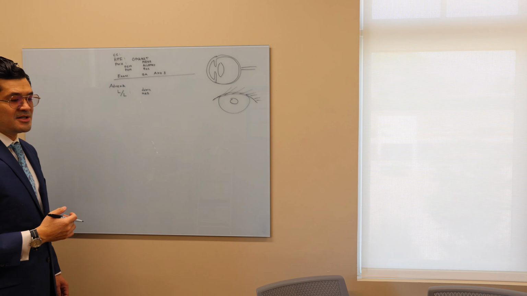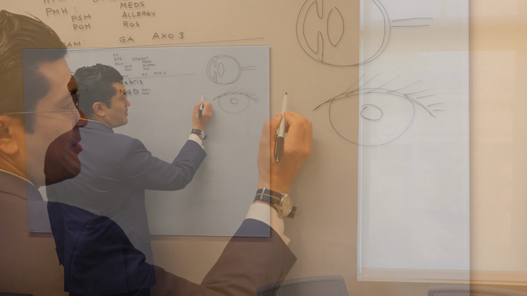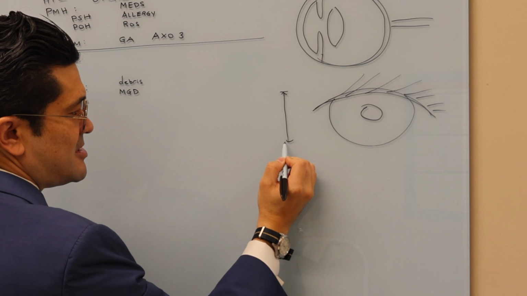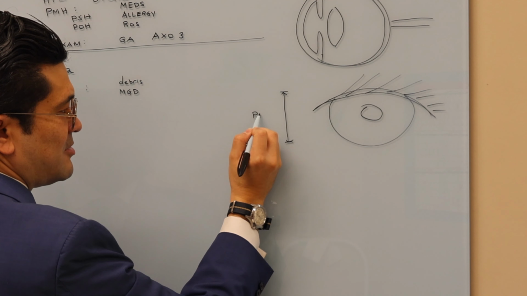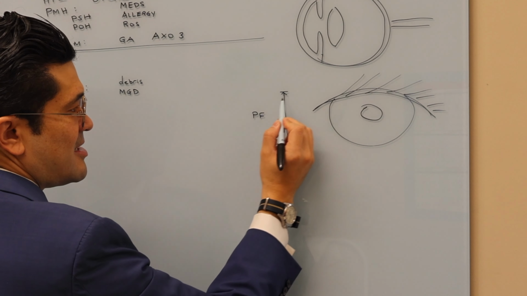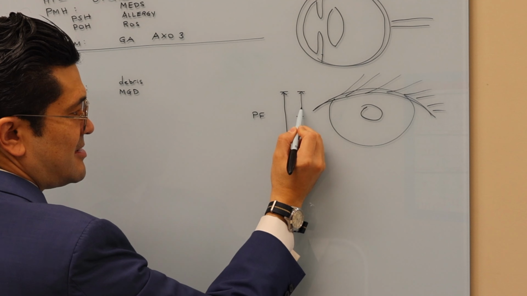Sometimes we'll comment on how wide the eye is open, and there's something called the palpebral fissure. This is the measurement from the top to the bottom of the eyelid, the palpebral fissure, PF. In this section, you might see something like the distance from the pupil to the top of the eyelid.